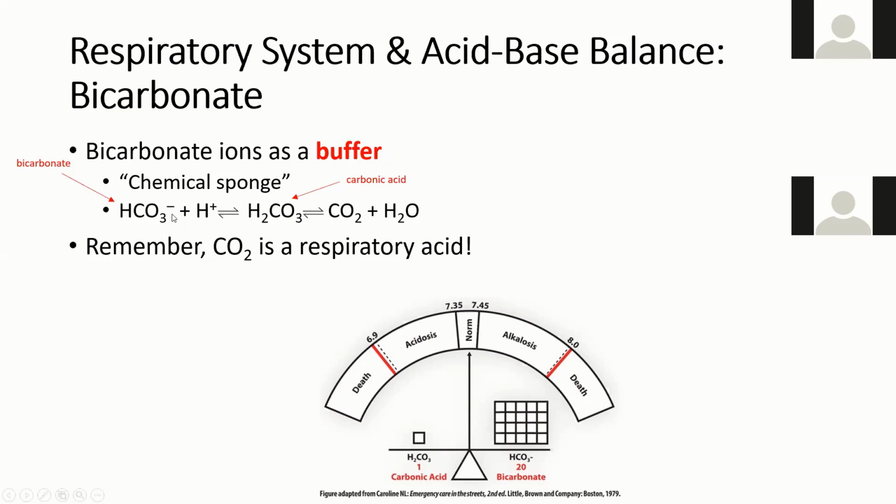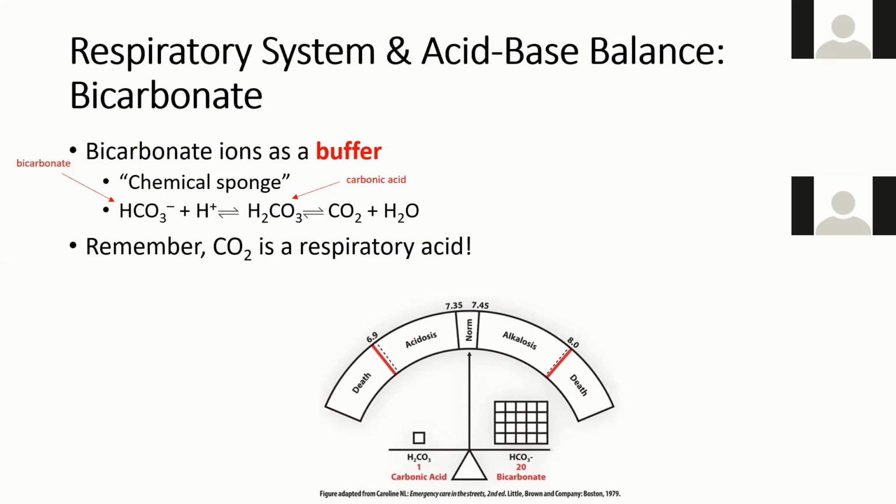So bicarbonate ions can bind a hydrogen ion, become carbonic acid, or carbonic acid can dissociate and let go of those hydrogen ions. So our bicarbonate ions, therefore, can control the pH of our blood, because they can either pull those hydrogen ions out of the blood or let them into the blood.